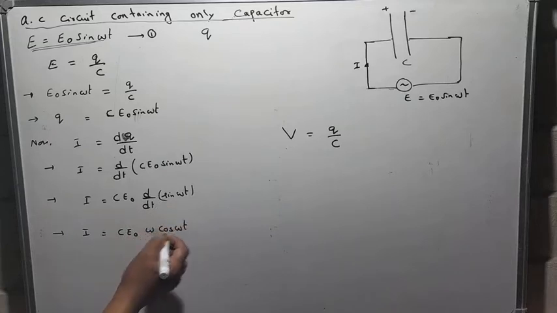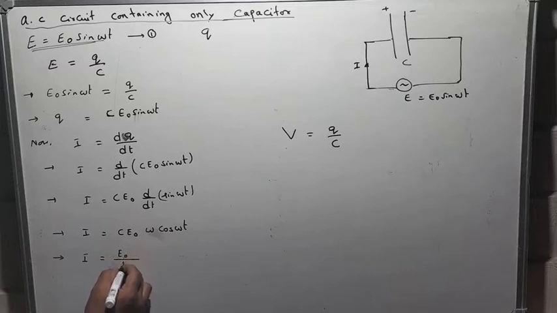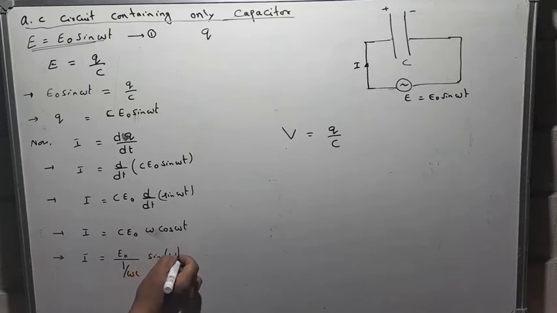cos omega t. Or I can say here I is equal to E naught times 1 upon omega C, and instead of cos omega t, I can write sine omega t plus pi by 2, because sine omega t plus pi by 2 is again cos omega t.